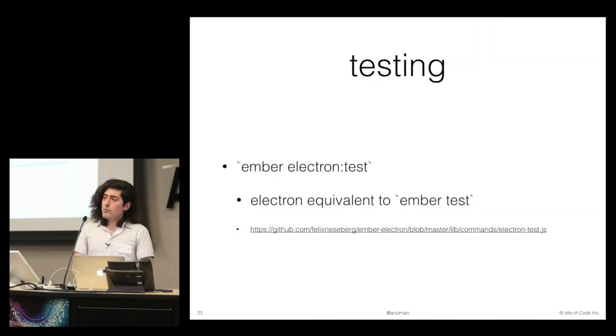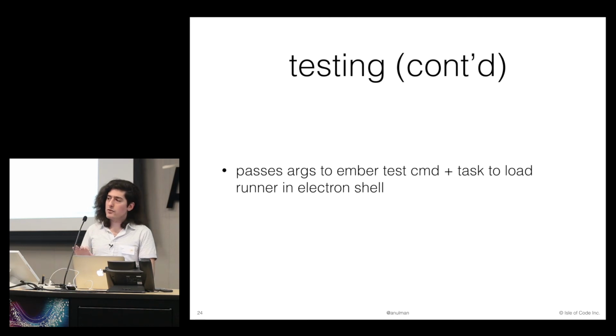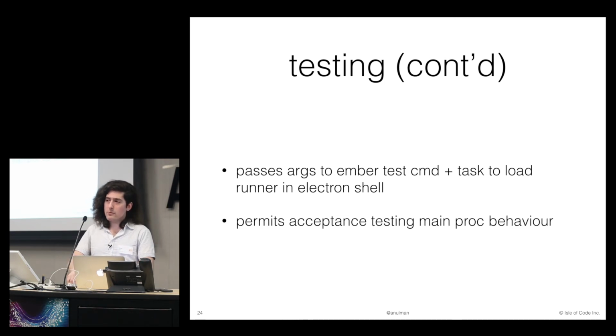So lastly, testing. As I mentioned before, ember-electron test also exposes a test environment for your application. It passes the arguments to an ember test command and then a task runner that runs your test suite from within the Electron shell. It also permits, like I said before, acceptance testing the main proc behavior.